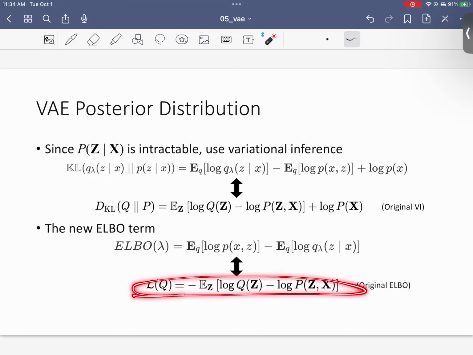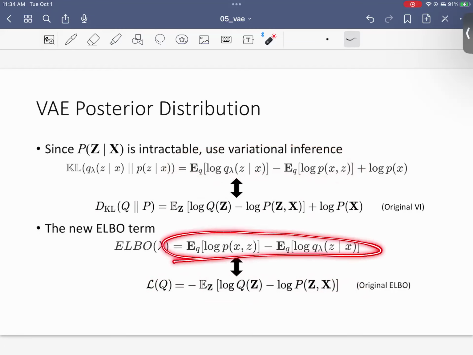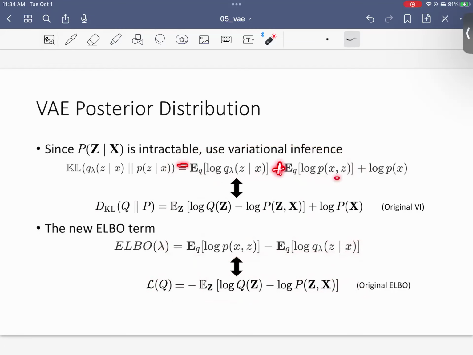Same thing here, the negative of this will be our new ELBO with the conditional Q. If you put the negative here, this will be positive, so the positive comes here and the negative comes here. So instead of minimizing this, we're going to maximize the new ELBO, right? And how do we maximize it? By tuning this mu and sigma.